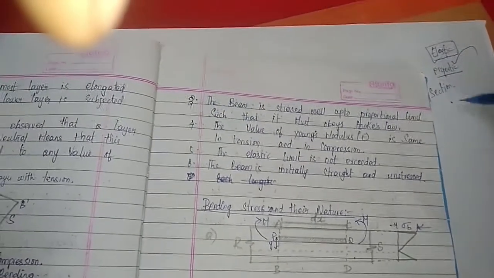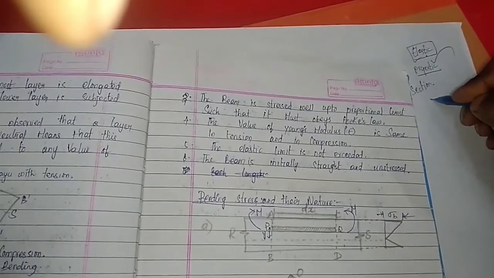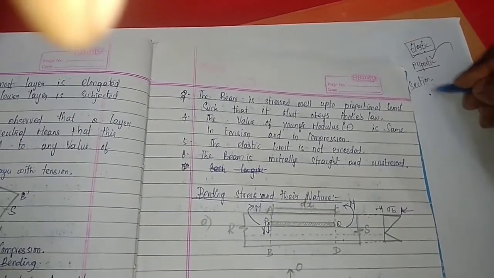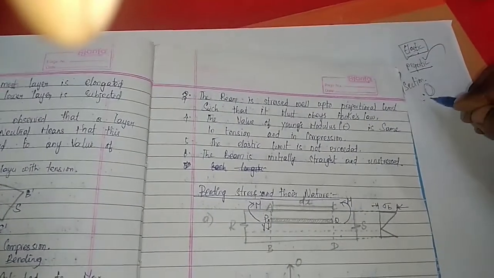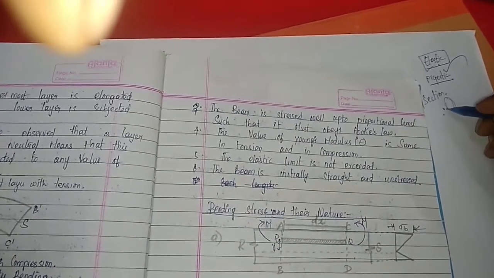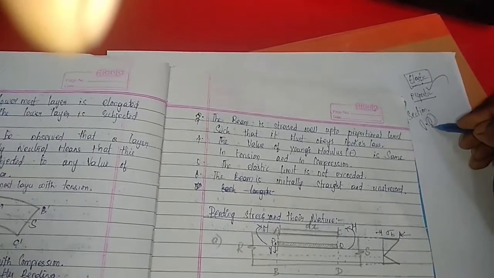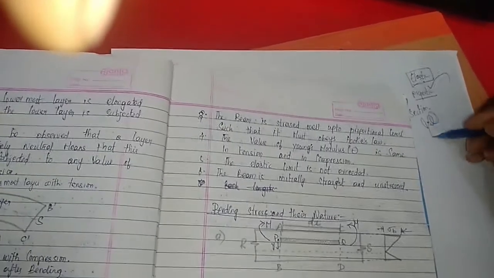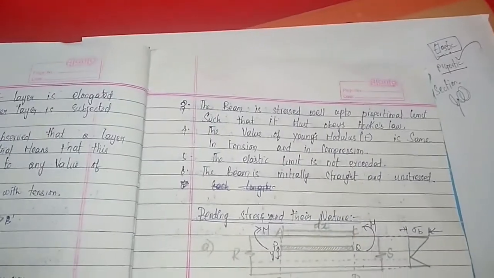After that limit, it will become a plastic material, so it will not regain its original position. That particular point where the material changes from elastic to plastic is called the proportional limit. So the beam is stressed well up to the proportional limit.